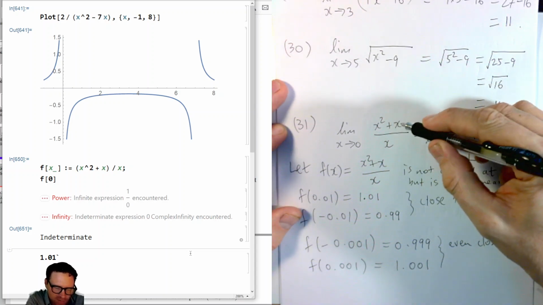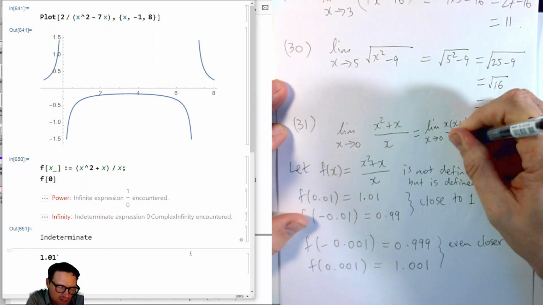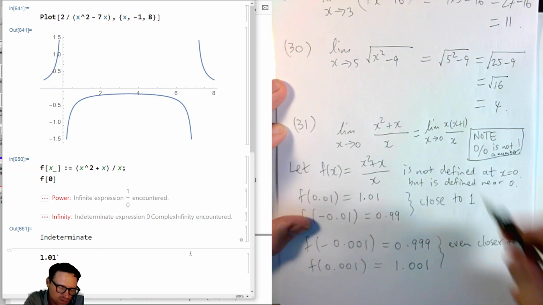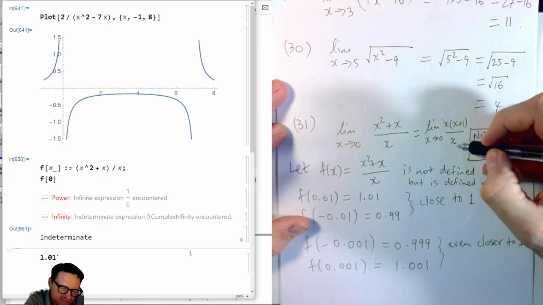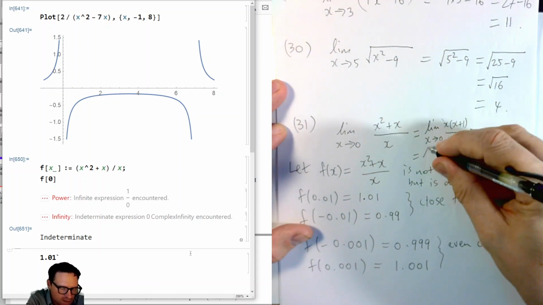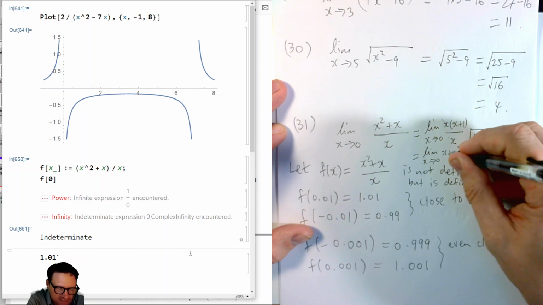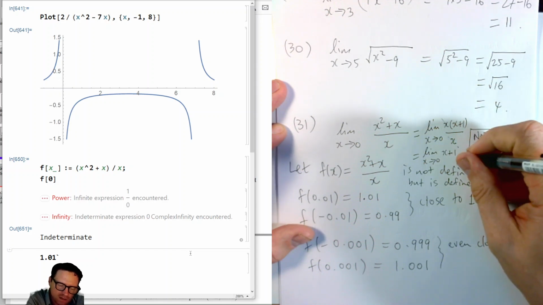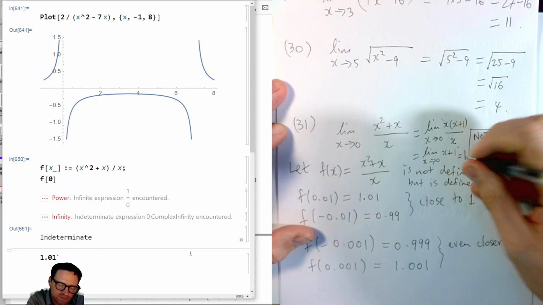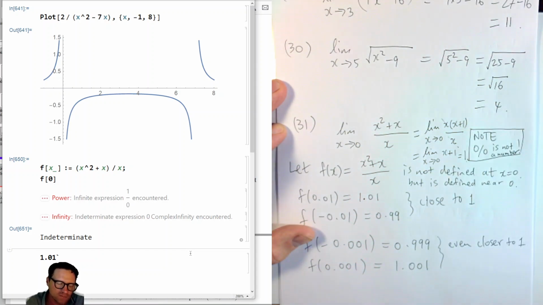So x squared plus x factorizes as x outside of (x plus 1), and that's over x. Now we can cancel the x, and that's the part that caused the problem. So we've got the limit as x approaches 0 of (x plus 1) over 1. And this limit is just 1 because when we sub in 0 for x, we just get 1.